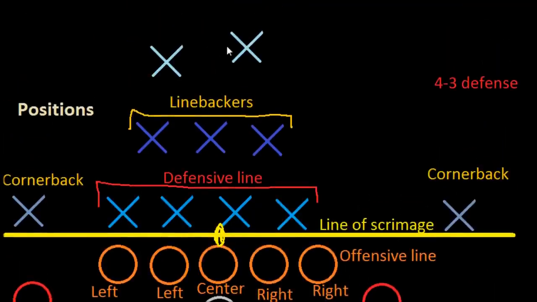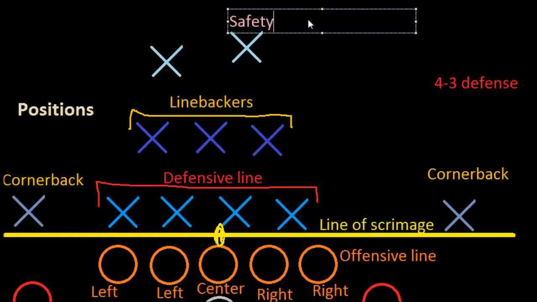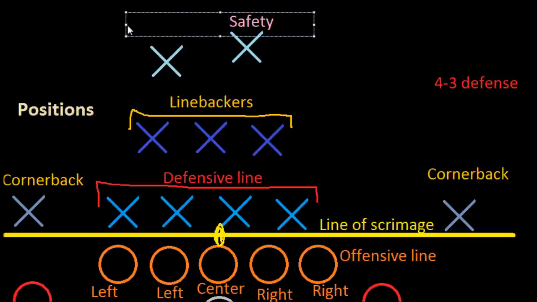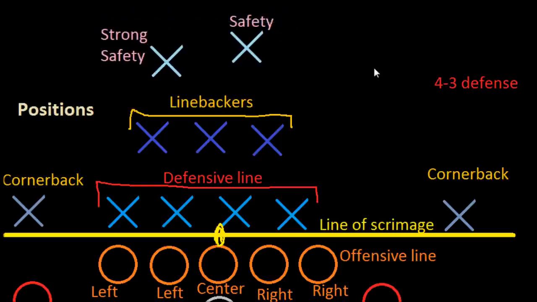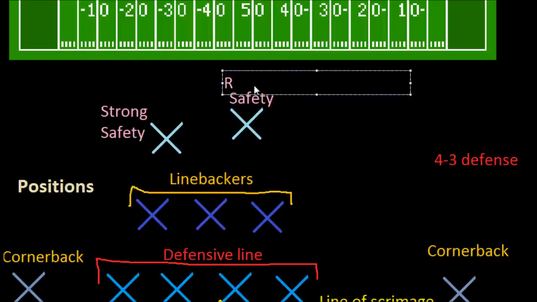And then these 2 guys back here, usually pretty fast guys, these are the safeties. And so sometimes you'll have what is called a strong safety, and the other guy, he will be what is known as a free safety.